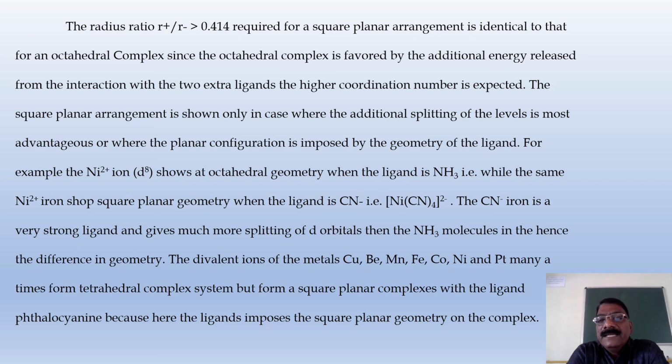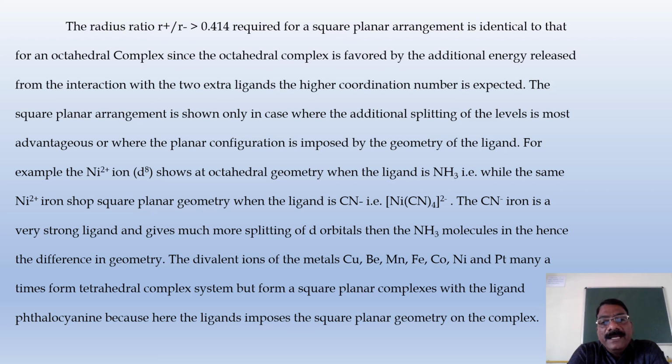The CN- ion or ligand is a very strong ligand and gives much more splitting of d orbitals than the NH3 ligands. Hence, there is a difference in geometry.